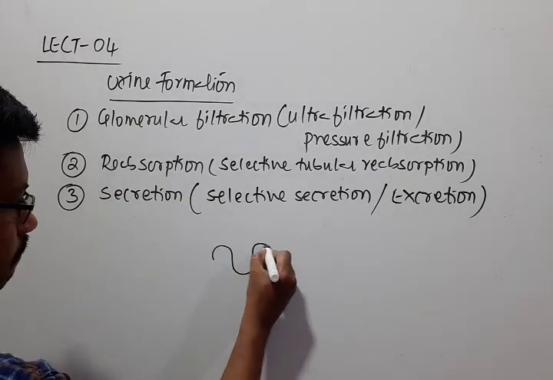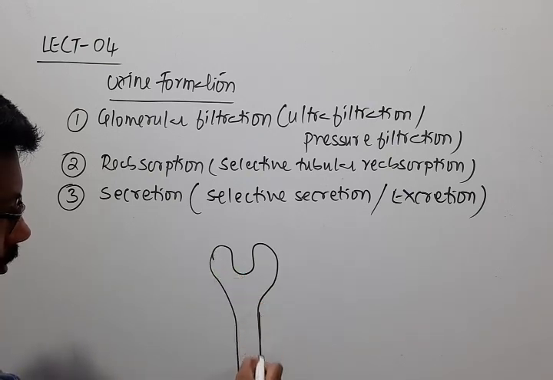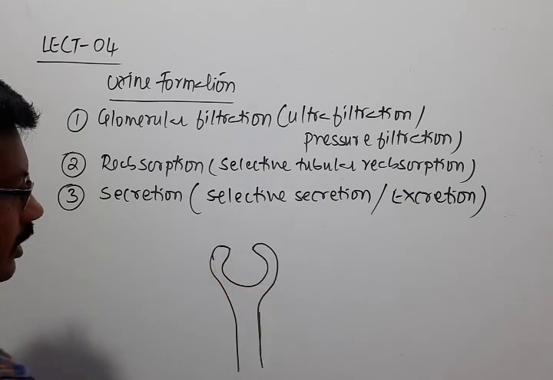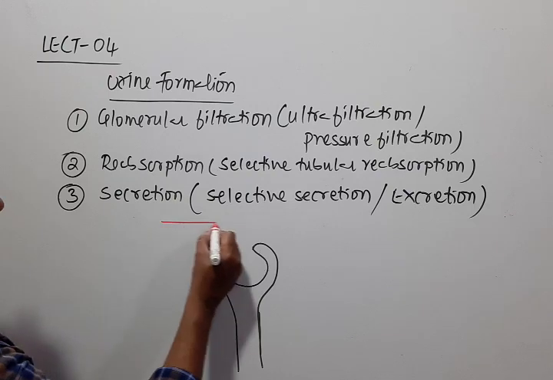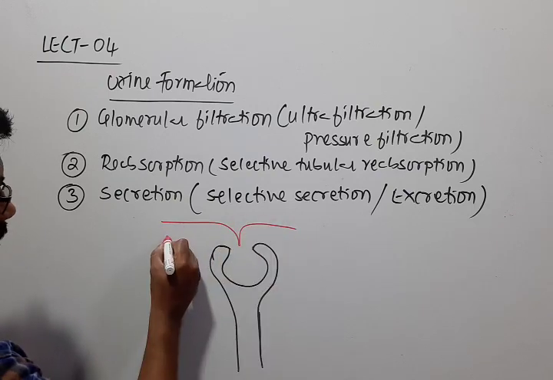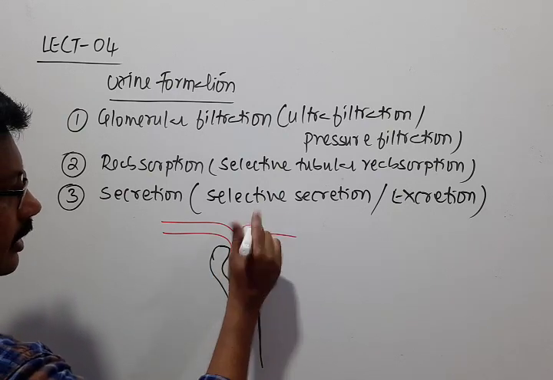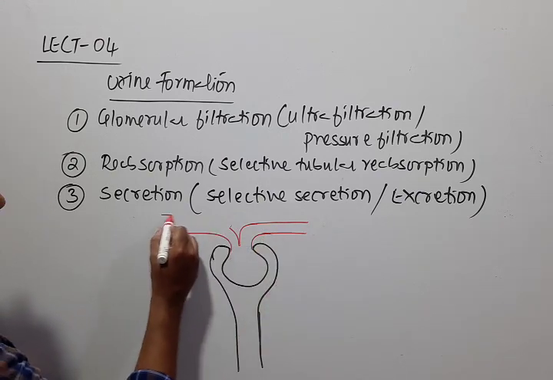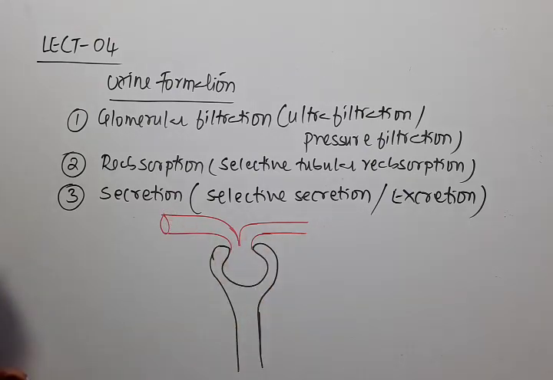So you'll see here, this is the Bowman's capsule, and into this Bowman's capsule comes the afferent arteriole, and then it comes out as the efferent arteriole. So this is the afferent arteriole and the efferent arteriole.